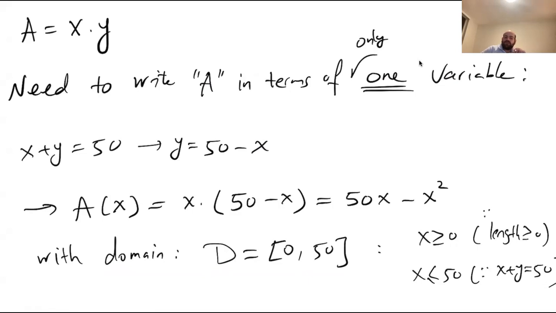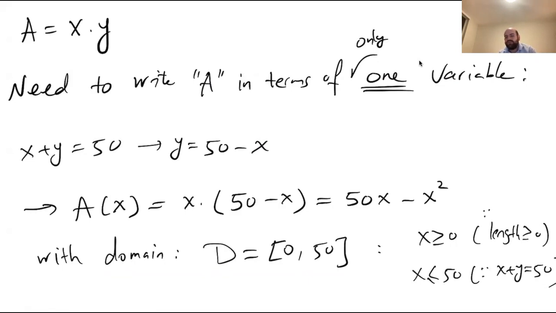Now that I found the formula for the quantity that I want to maximize or minimize in terms of only one variable, I need to determine the domain. Because remember, whenever you want to maximize or minimize, of course, you need to know the function, and you also need to know the domain. What is the domain of this area function here?